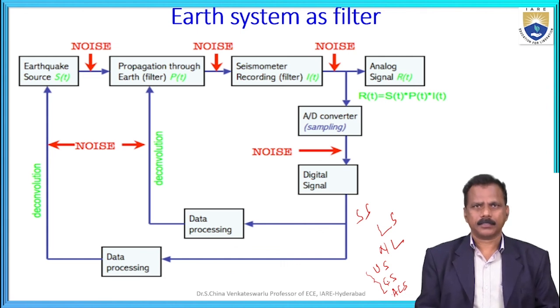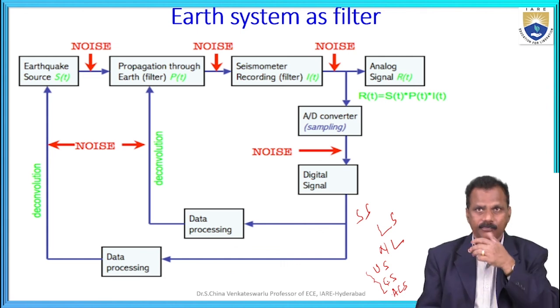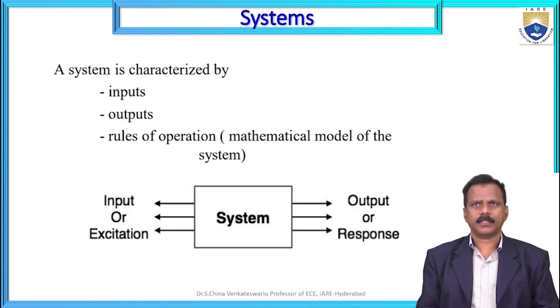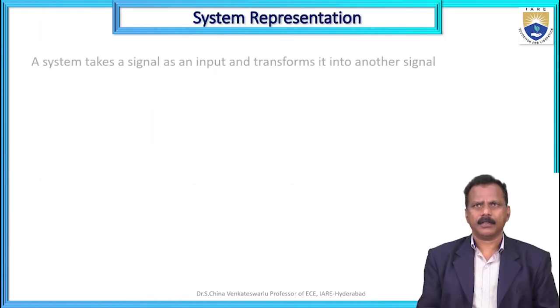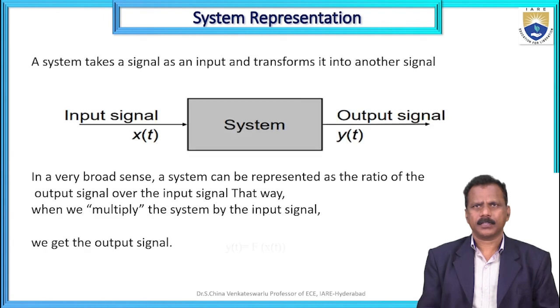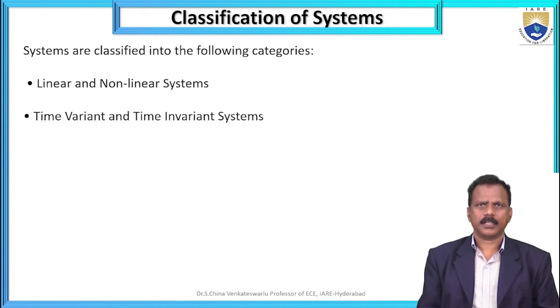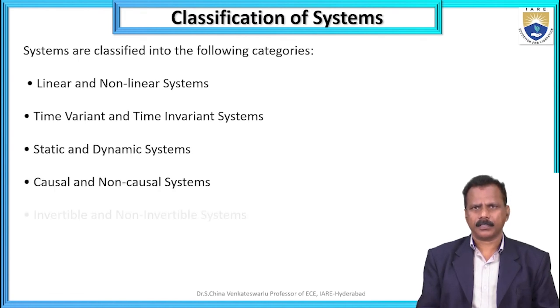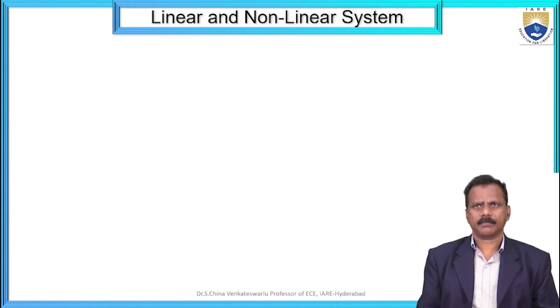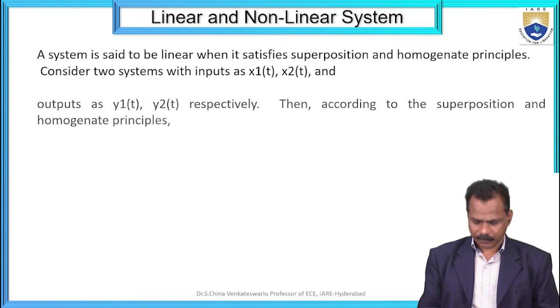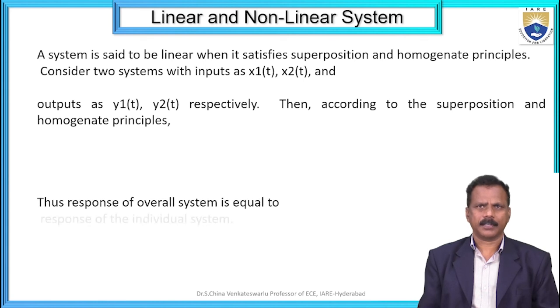Already we have learned about linear and non-linear systems, stable and unstable systems, causal and anti-causal systems, and so on. With reference to this, we require the Earth system as a filter. System classification and system representation we have already seen. One thing is linear and non-linear systems. After that, systems are classified with the major ones. We have also seen that around six or seven systems are required for justifying linear and non-linear systems for manipulating the signal.